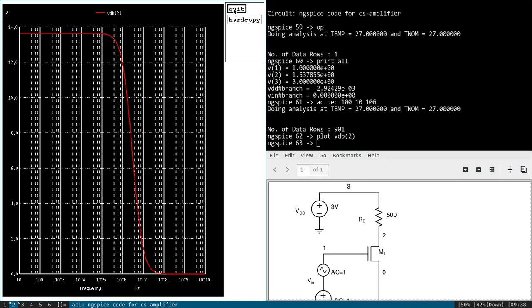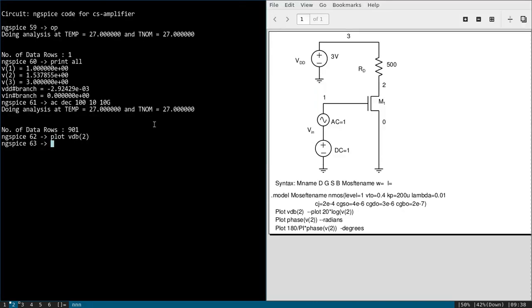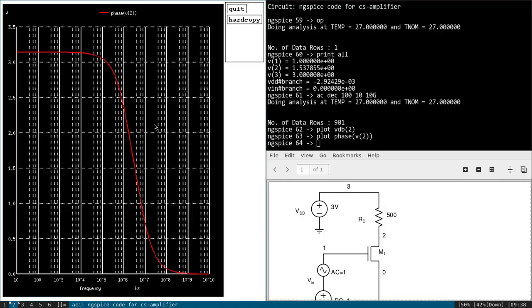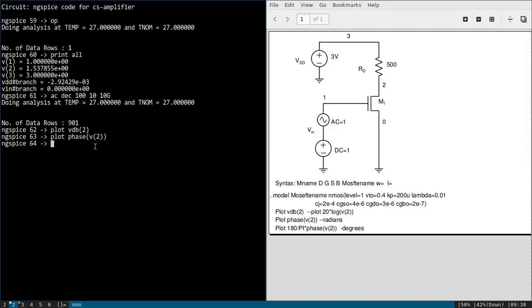Now let us plot the phase. So for that syntax is plot phase of v(2). So it will plot in radians, but we are interested in seeing the degree. So let me again plot, but I have to multiply this by 180 divided by pi.